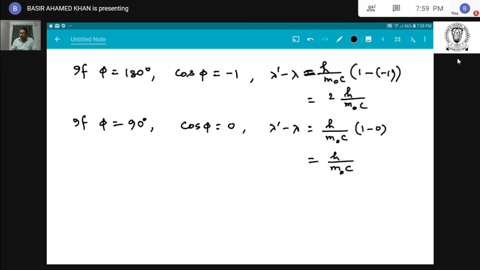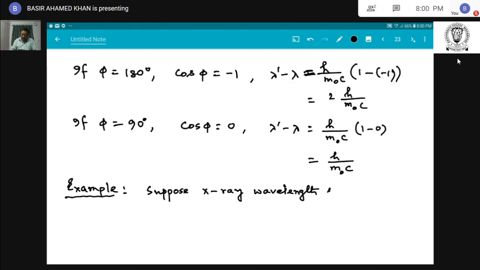Suppose we see an example. Suppose the X-ray wavelength is 10 picometer.